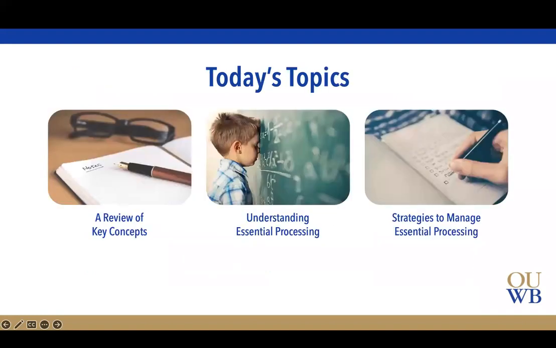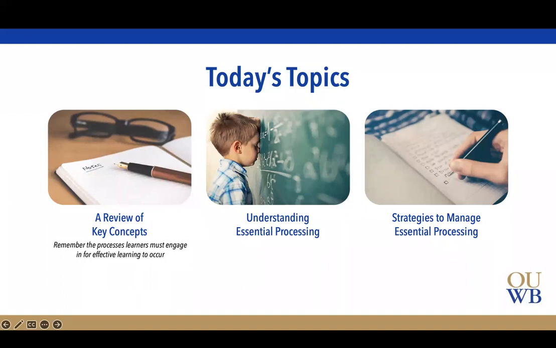So today, specifically, we have three main topics and three associated learning outcomes. We're going to start with a review of key concepts, things that we talked about in September and last month. The goal there is for you to remember the key learner processes, things that learners have to do in order to experience genuine learning.